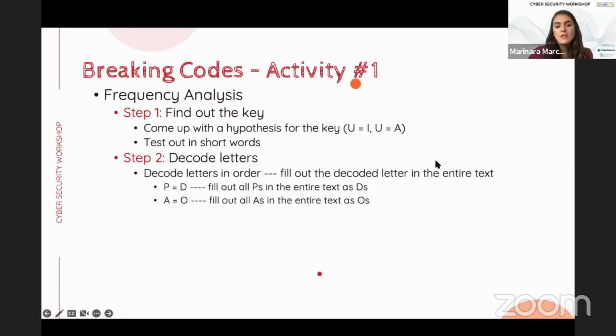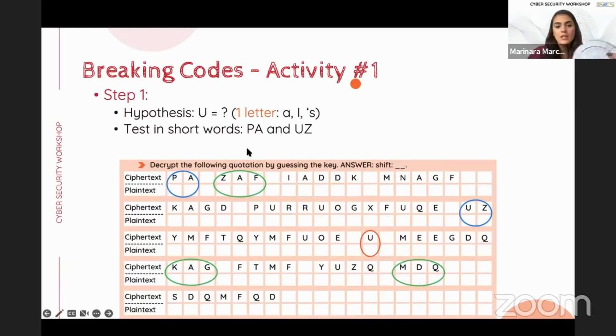So basically here we found out that if U equals I, PA equals DO, right? And then we can also look at UZ, because PA does work, we have DO. And what about UZ? What would UZ be?